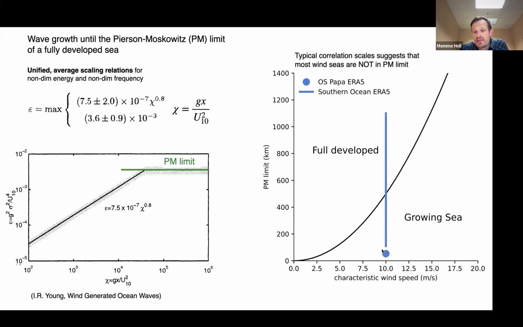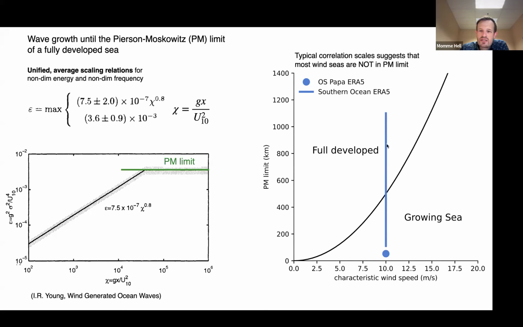These two blue things here now are decorrelation scales, either from Ocean Station Papa, that's this blue dot, that's about 50 kilometers. Does that make sense? Yes. And then in the Southern Ocean, we have longer ranges that go from about 100 to 1,000 kilometers.